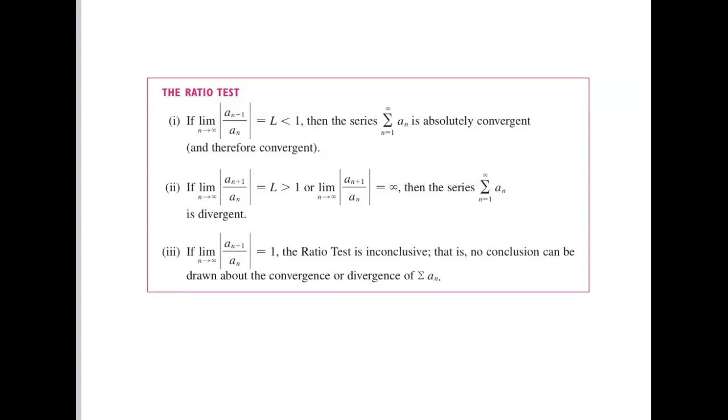And if that gives you some constant L, and L is less than 1, then the series is absolutely convergent and therefore convergent. If it gives you some value L that's greater than 1, then the series is divergent. If it gives you a value equal to 1, no conclusion. Got to figure out a different way.